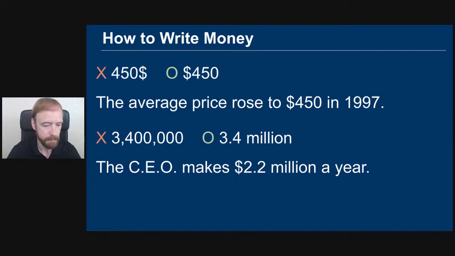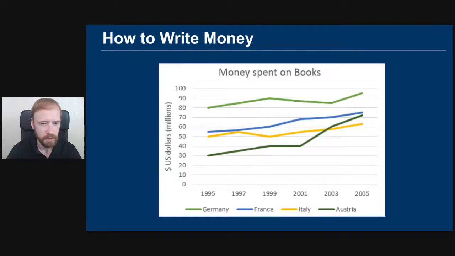Okay. So in part one, task one, we might have a chart like this. We're not going to go into too much detail about the chart. On the left side, going up, it says US dollars in millions.